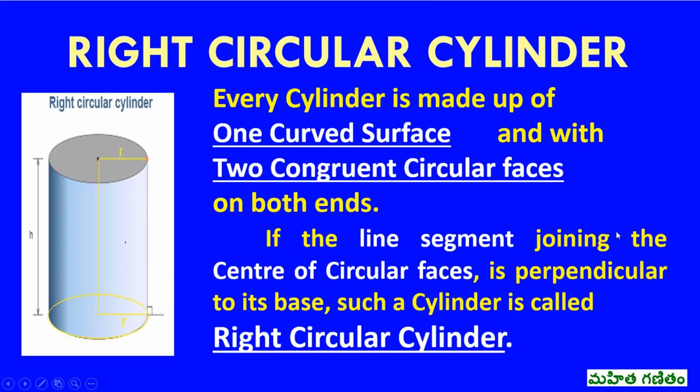If the line segment joining the centers of the circular faces is perpendicular to its base, such a cylinder is called a right circular cylinder. See, this is the center of the top circle, this is the center of the bottom circle, and the line joining them is perpendicular to the base. So this is called a right circular cylinder.